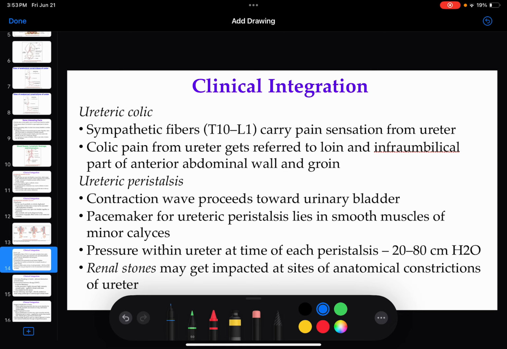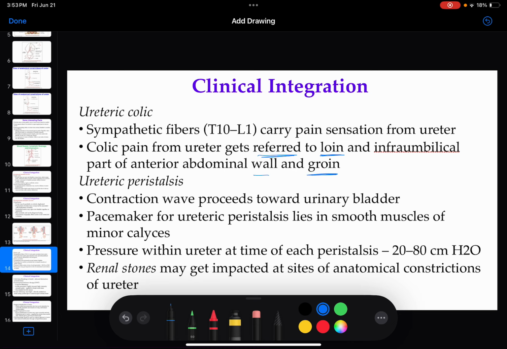Then ureteric colic. Any stone inside the ureter, or some other causes of dilatation or obstruction of the ureter, leads to pain. So it is mainly referred pain, mainly referred to the loin. The length is very long from the abdomen to the pelvis. So pain may be referred from the loin to the infraumbilical part of the abdomen and even to the groin also.